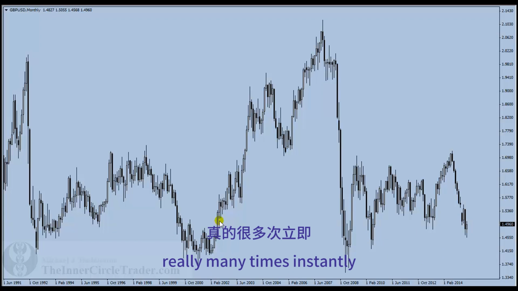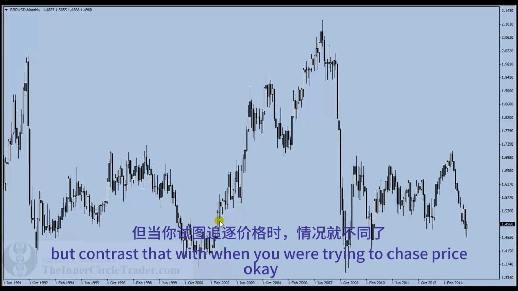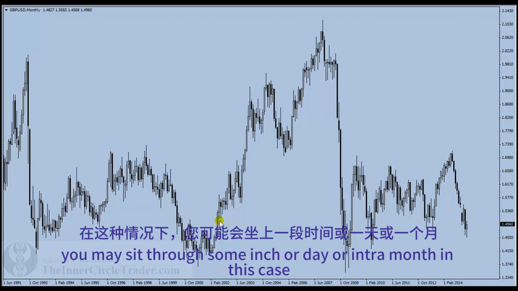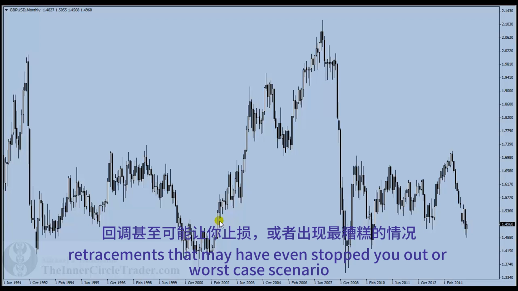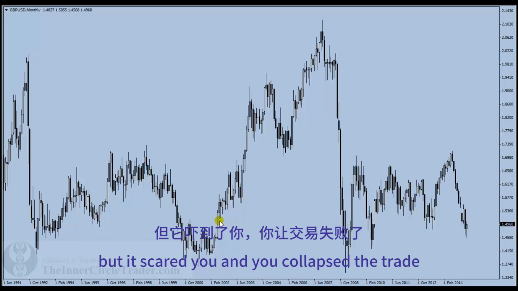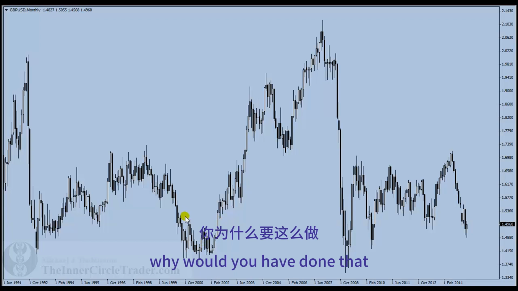Because you chased price and you didn't see the continuation of the move higher that you were anticipating, because you've already seen it move 20, 30, 40, 50, 80, maybe 100 pips, and then figured, well, it's been going up, so it's going to continue going up, and then you obviously will have a retracement of some sort.